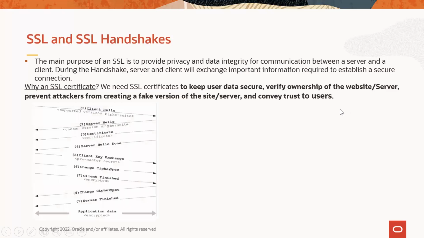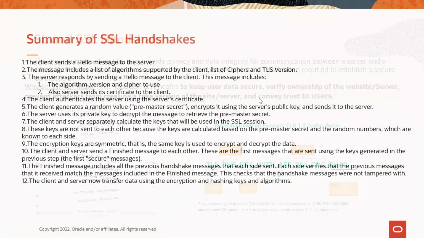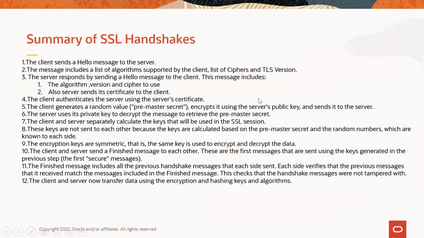So how does an SSL handshake work? Just as we have the three-way handshake at the TCP level, there is also something called an SSL handshake. These are the packets where the SSL handshake works, starting with the client hello packet. The client hello message is sent to the server.